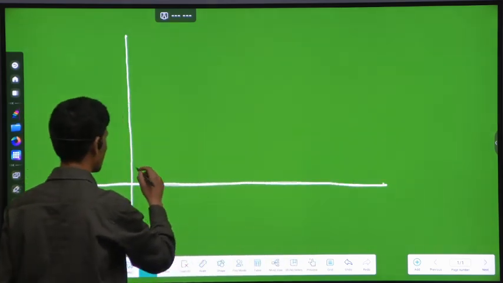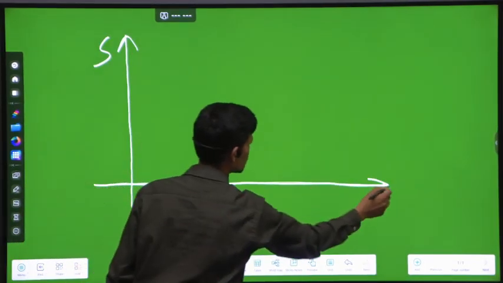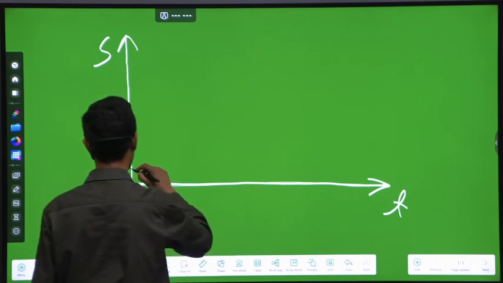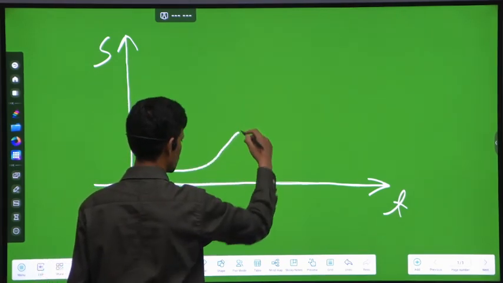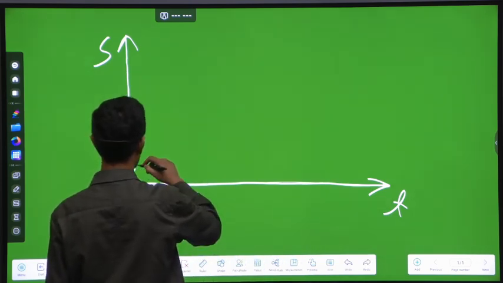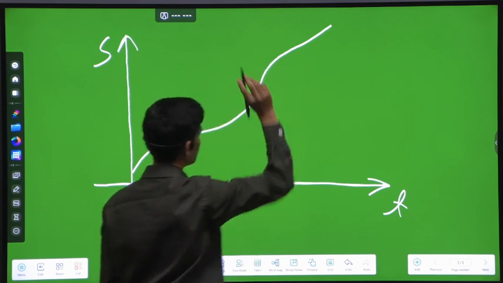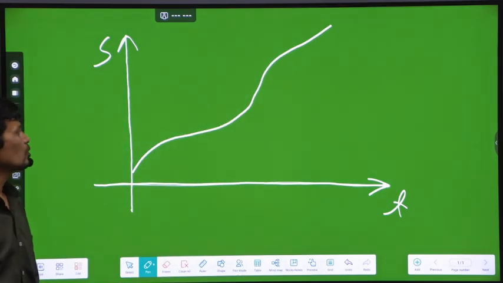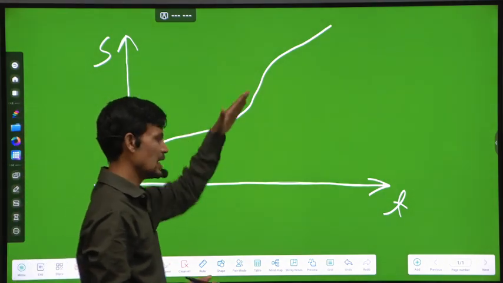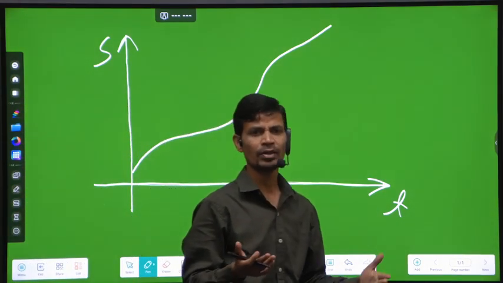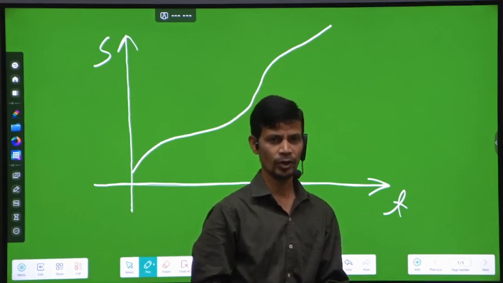Okay, now let us suppose this is S, this is T, and motion was something like this, quite irregular. If it is slant, it is easier to find velocity at any point.